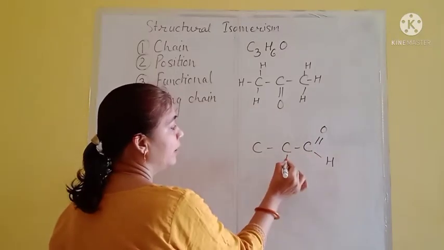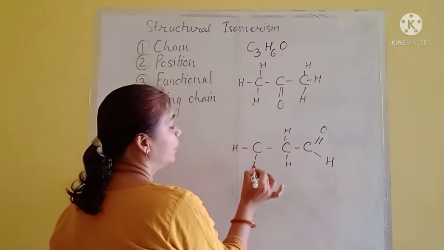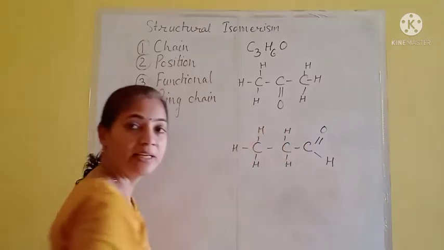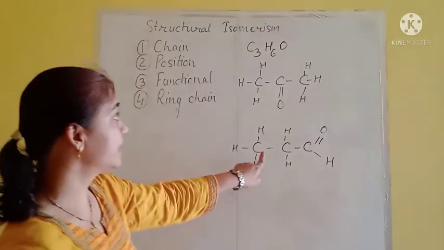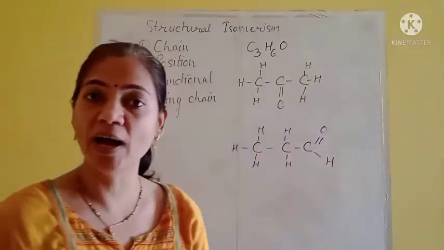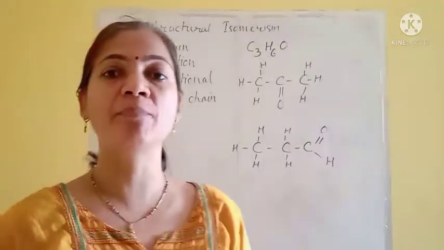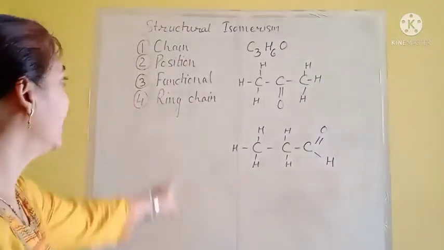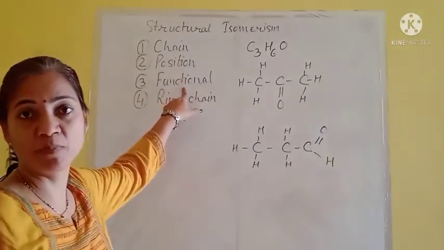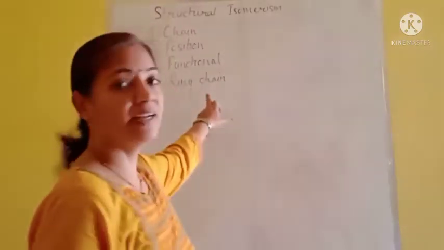Over here I can put 2 more, and over here I can put 3. See here, this is again C3, H6 and O1. So these are isomers of each other, and they show functional isomerism.